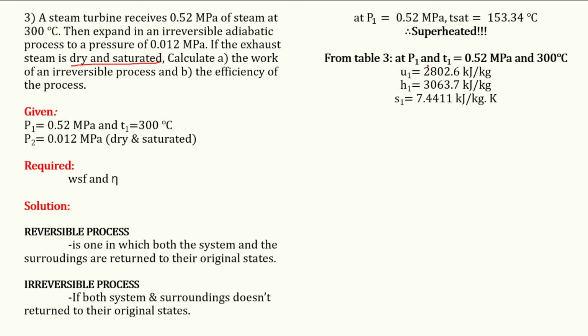So, good thing nga lang may eksaktong 0.52 and 300 degrees Celsius sa table 3. So, direct reading lang. U1 natin is 2802.6, H1 is 3063.7, and S1 is 7.4411 kilojoules per kilogram Kelvin. Then, same process, S1 is equals to S2, which is equals to 7.4411 kilojoules per kilogram Kelvin.